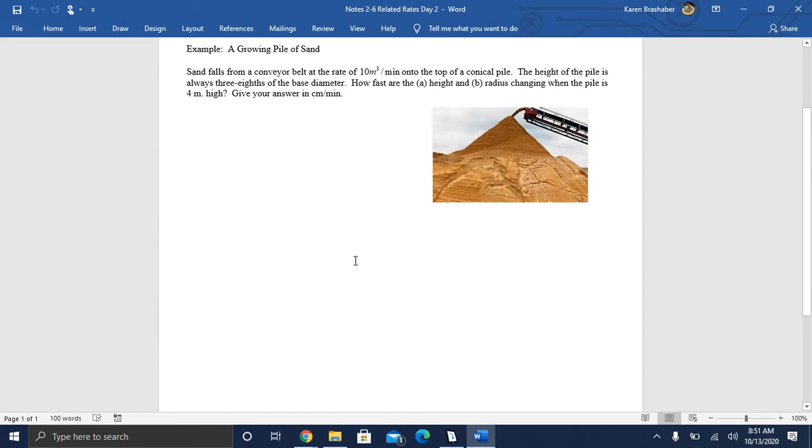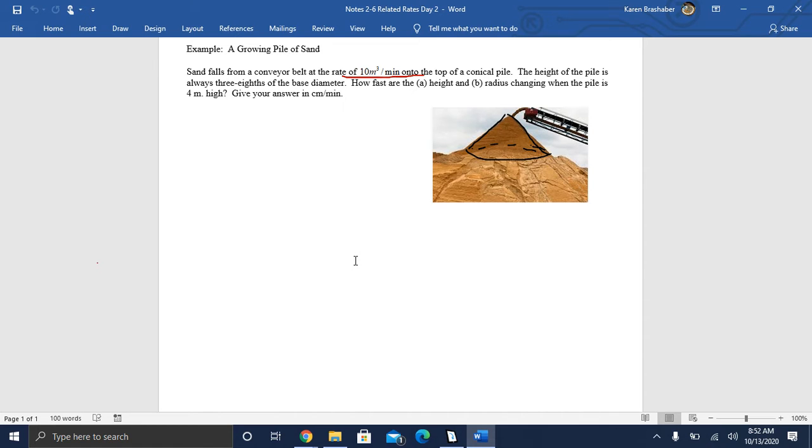We're going to look at a cone. I have a picture of a growing pile of sand, and you can see that we have a cone forming right here. That's what we're going to look at for our problem today. As we read through it, we find that the volume of the conical pile is growing at 10 cubic meters per minute.